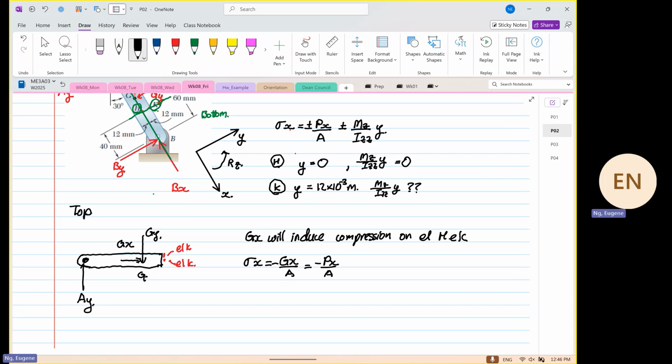When pushing towards the element it is compression, when pulling away it is tensile. It has nothing to do with right and left. Are we clear? So we have our PX over A.